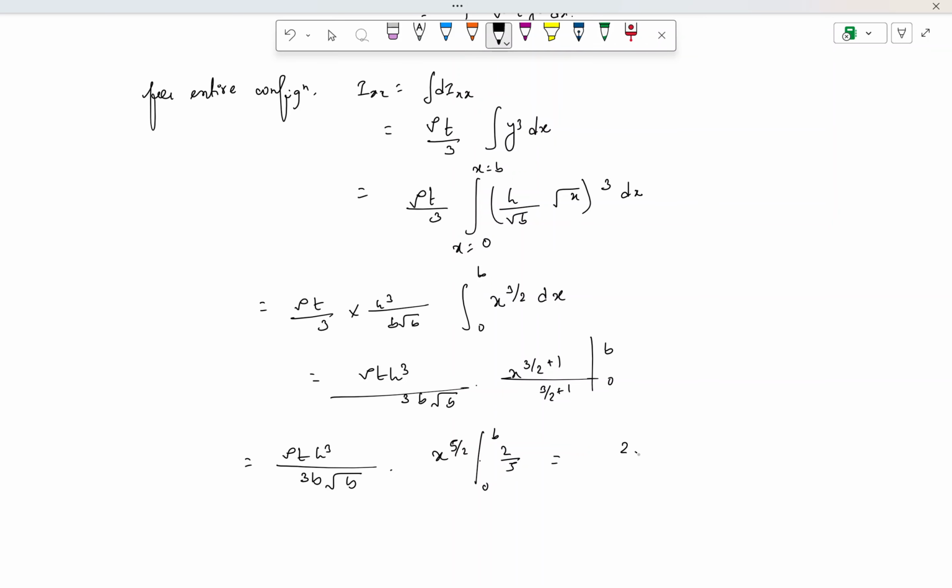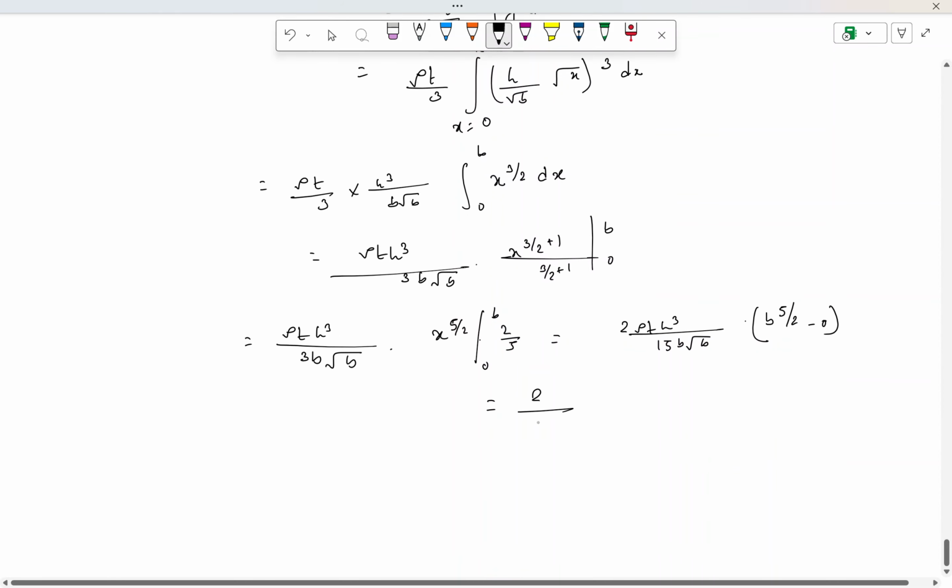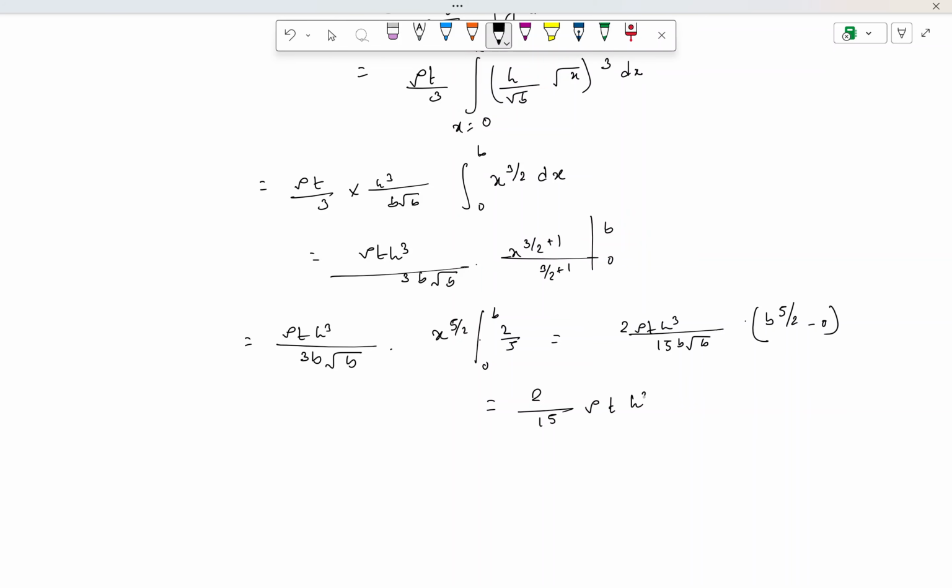So this is 2 rho t h cube, so this whole thing is 2 by 15 rho t h cube to b. 5 by 2 is 3 by 2 plus 1, which is basically b square into root over b, and now divided by b root over b.